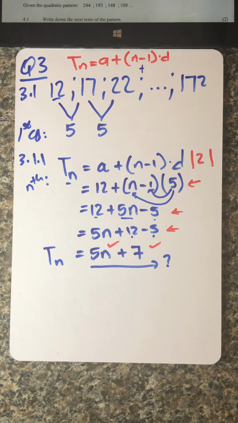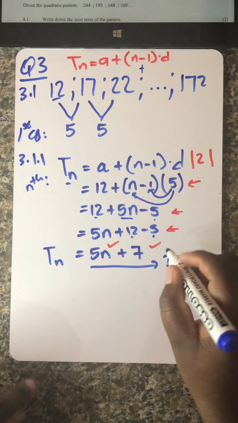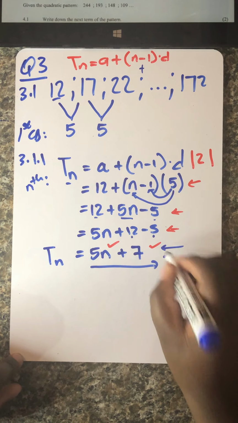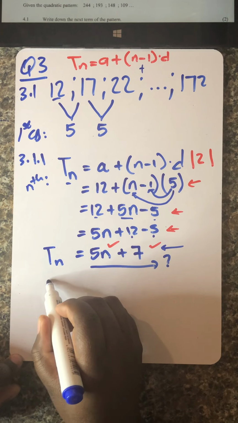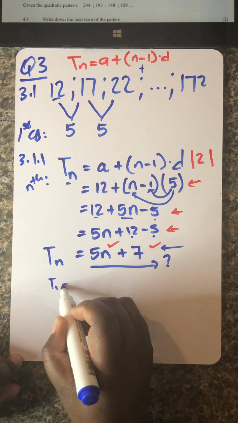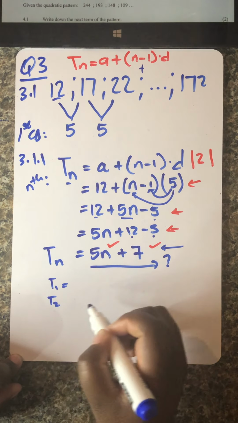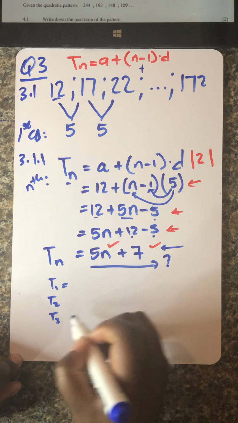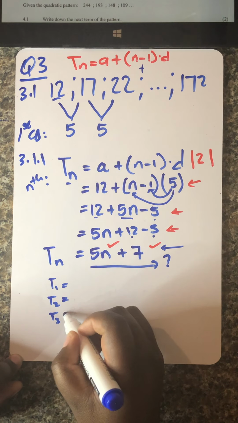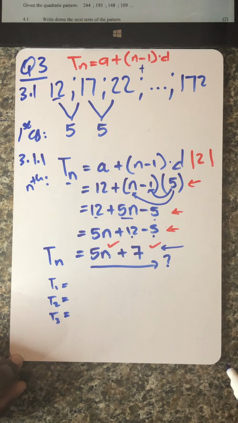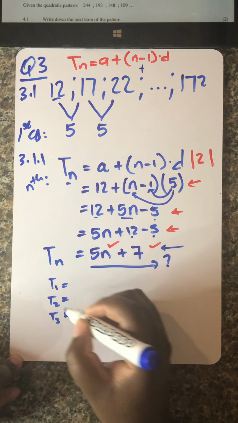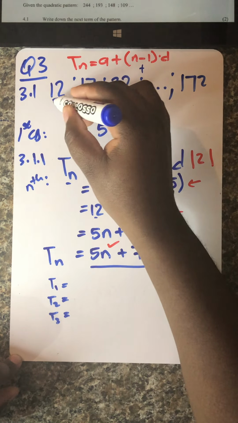So ladies and gentlemen, can we just perform a very quick exercise to test if this formula is correct? Guys, let's check what is term 1, term 2, term 3, using this formula. Obviously our term 1, as I've indicated, should be 12.